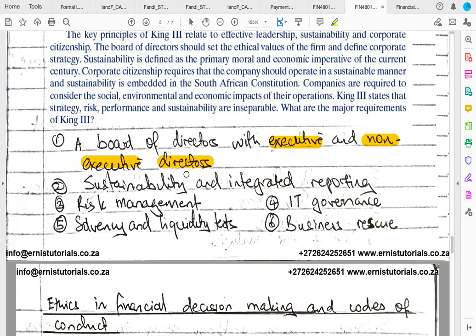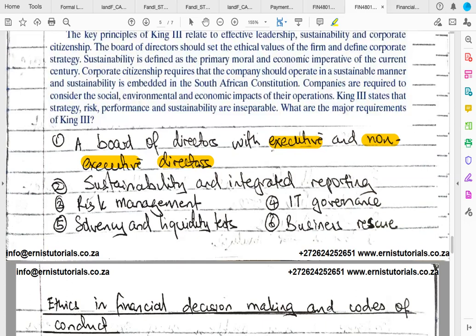Executive directors are usually the ones who really know the company. Some of them have a deep understanding of the company, and they are involved and help the management with the day-to-day running of the company. But there are also what we call non-executive directors or independent directors.